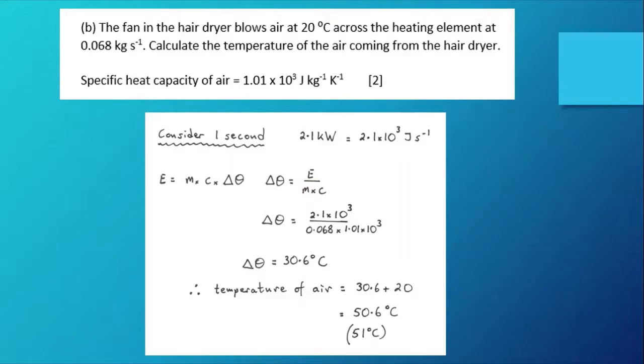And we get delta theta is 30.6 degrees centigrade. But hold on, actually for the temperature of the air coming out, we need to add on the 20, so we get 50.6 degrees centigrade. Let's not have too many significant figures. Let's round that to 51 degrees centigrade. And let's move on.